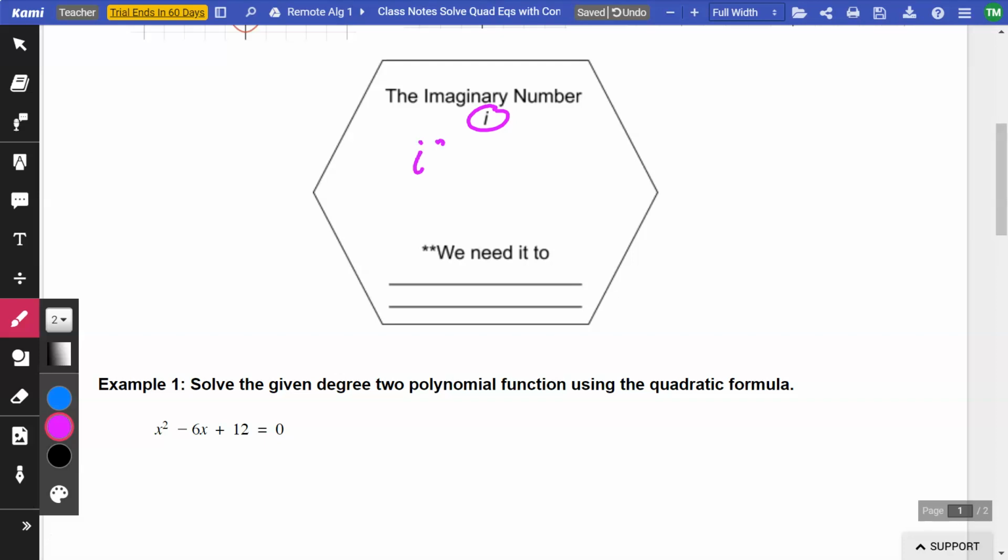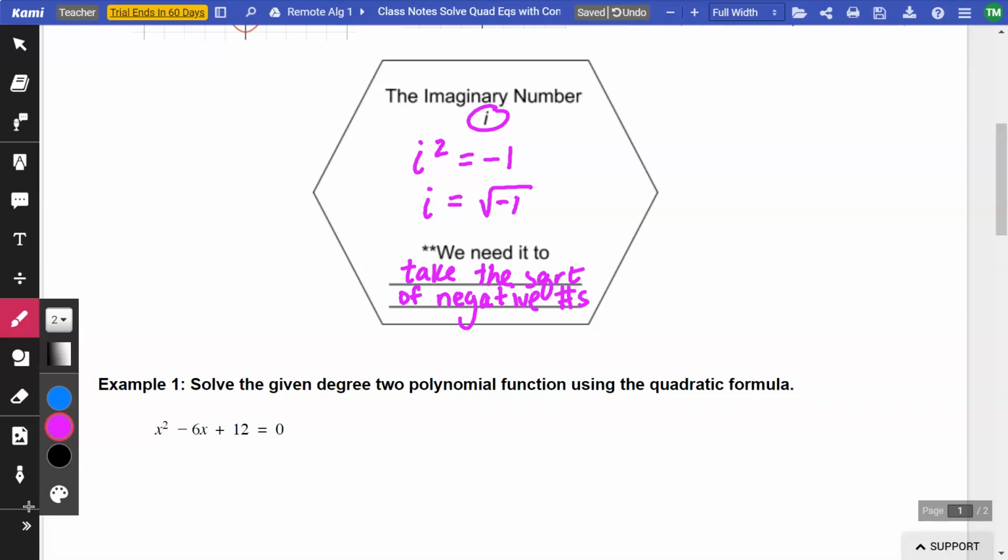We know that i squared is equal to -1, and therefore the square root of -1 is equal to i. We need i to exist so that we can take the square root of negative numbers. Without it, we can't simplify the square root of negative numbers.